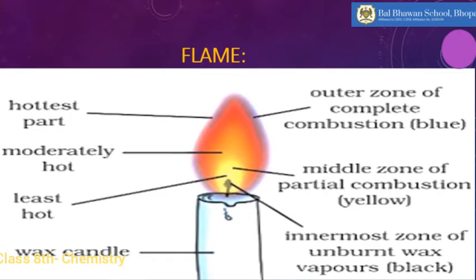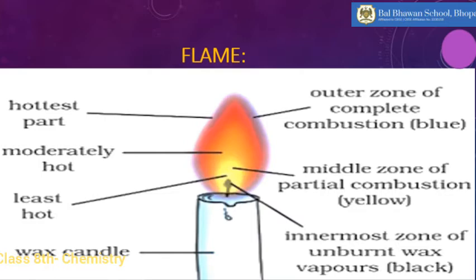Whereas the outermost zone is non-luminous and it is considered as the hottest part of the flame because of complete combustion of the wax vapor, and this gives maximum amount of heat.